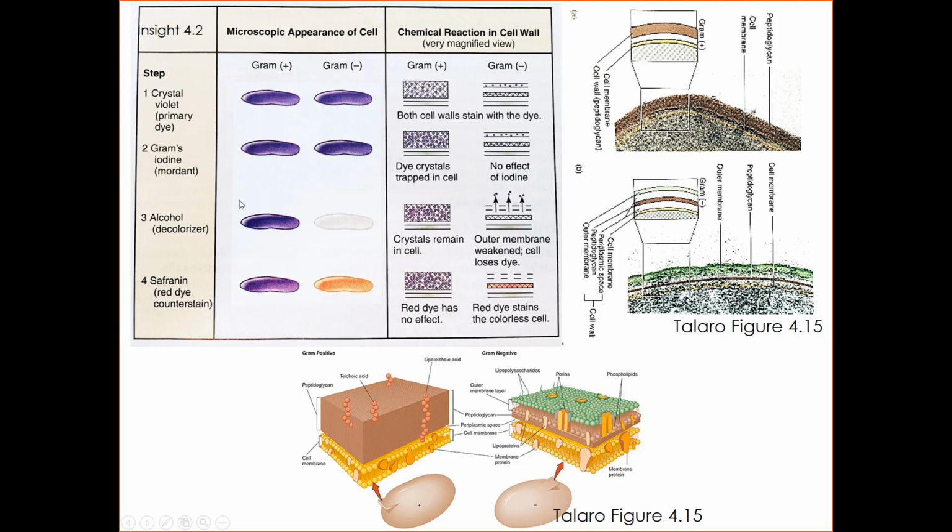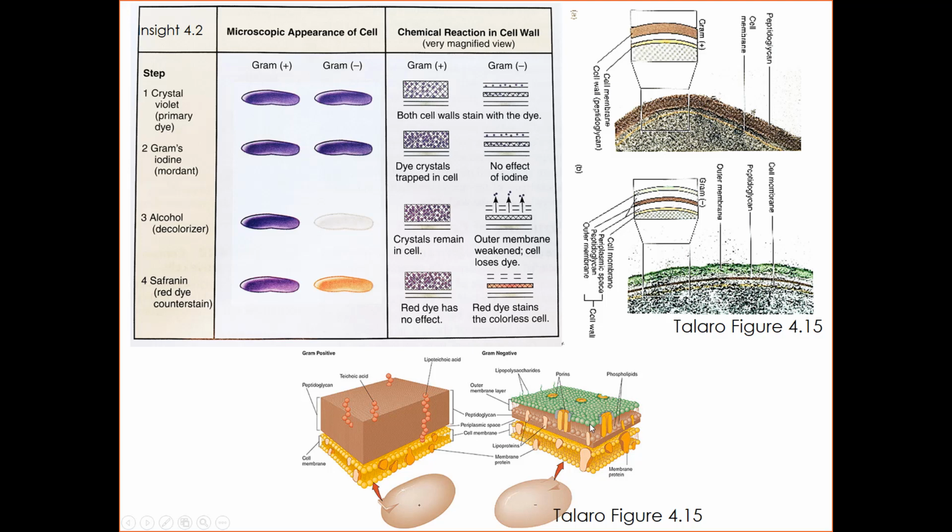And then when we decolorize, when we wash with alcohol, it will remove the crystal violet from the cells. And because the gram-negative cells have an outer membrane composed of phospholipids, a phospholipid bilayer, that's going to be solvated by the alcohol, and so the crystal violet is going to be stripped much more easily.